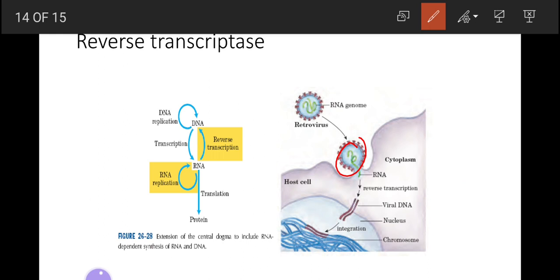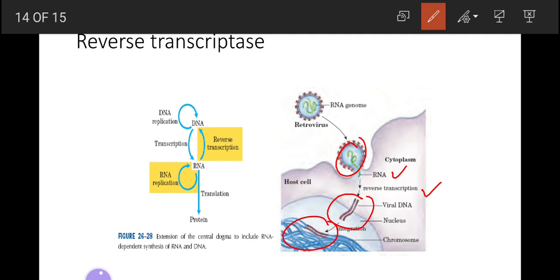Following infection of the host cell, the viral enzyme reverse transcriptase uses the viral RNA as a template for 5' to 3' synthesis of viral DNA. This DNA then becomes integrated into the host chromosomes.